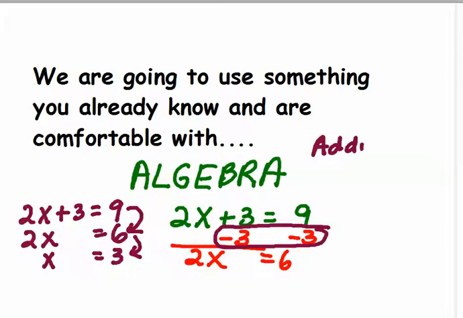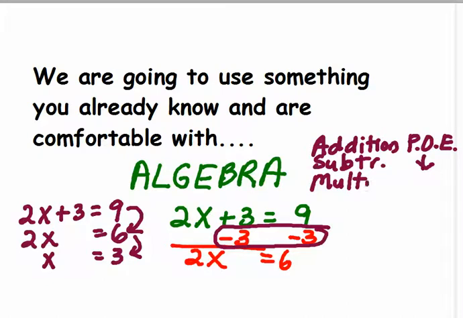You have the addition property of equality, or we have subtraction. I'm just going to call them POE for now, for property of equality. You've got subtraction, I'll just shorten that, POE. We've got multiplication, and of course, let's not forget division. Okay, and those are properties that we're going to use in our beginning proofs.